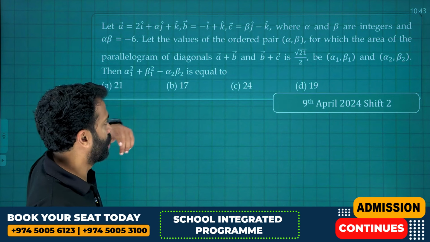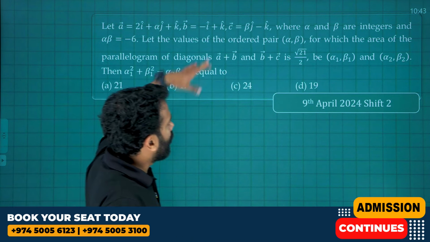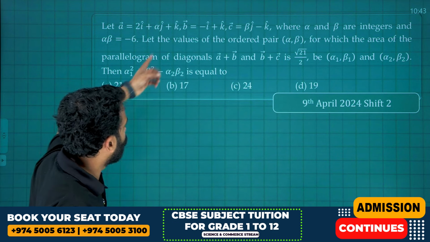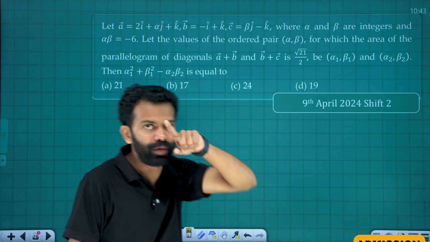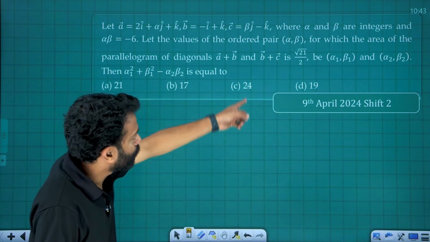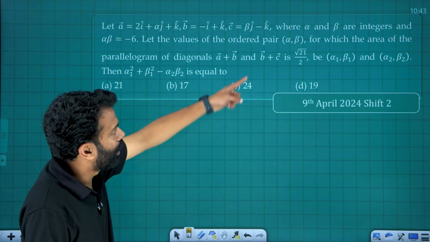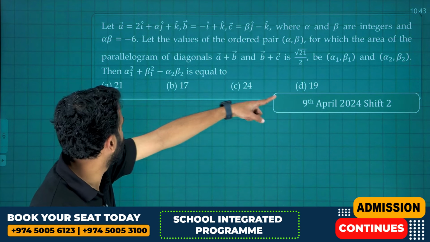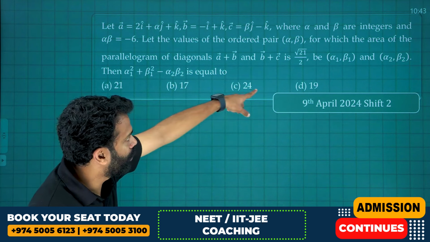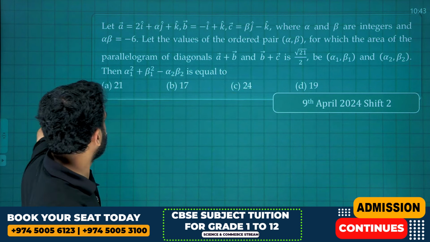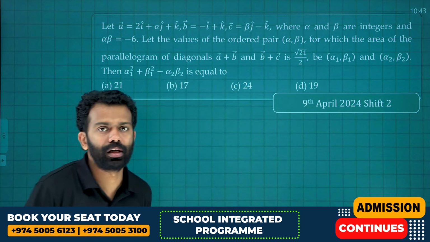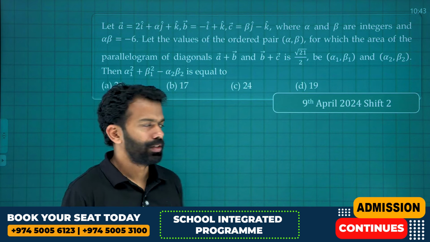Let the values of the ordered pair alpha beta for which the area of the parallelogram with diagonals vector A plus vector B and vector B plus vector C is root 21 by 2 be alpha 1 beta 1 and alpha 2 beta 2. Then you need to find the value of alpha 1 square plus beta 1 square minus alpha 2 beta 2. Let's try and sort it out.